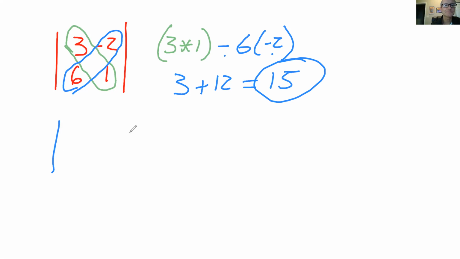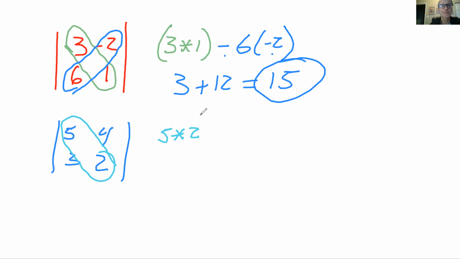Let's do one more. Say we had 5, 4, 3, and 2. Just picking some numbers. If we do the main diagonal first, that would be 5 times 2, and then you subtract the off diagonal, that would be 3 times 4.